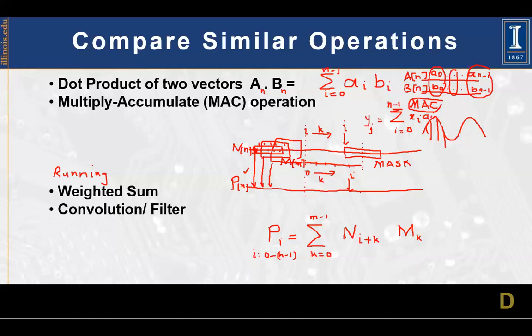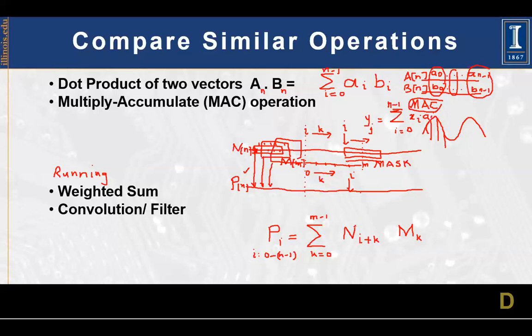Now if I am calculating it at the ith position, my data will start from Ni. But then I will move this for so many positions, and I will slide or calculate the weighted sum over all these coefficients of this filter, and I have taken here the width of this filter as small m. I said that earlier. So I will start taking the dot product of this n with this mask m and continue till the size of this mask.